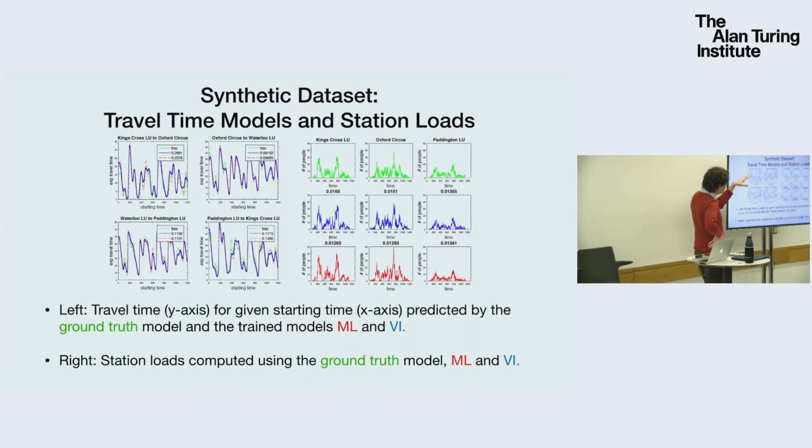Now, what you see on the right-hand side there is a summary of the aggregated tap-outs at different locations. In that case, you see King's Cross, Oxford Circus, and Paddington, again from 5 a.m. to 1 a.m. the next day. The top row is the ground truth. This is observable, but this comes from a synthetic model. This is still a synthetic model.